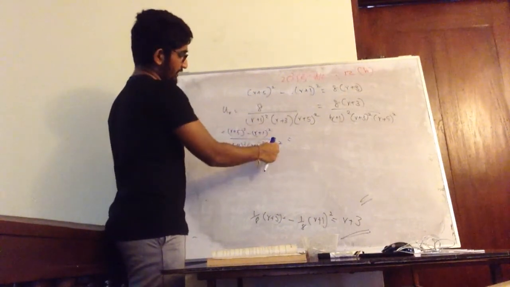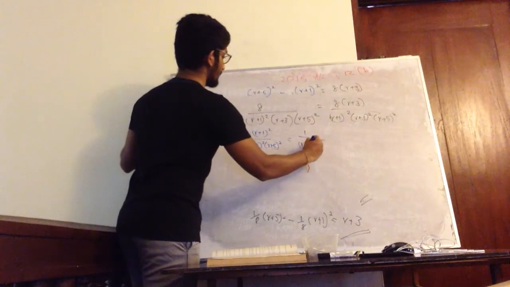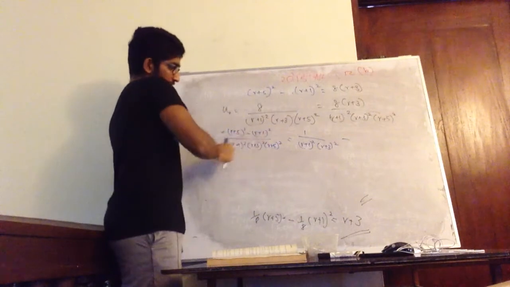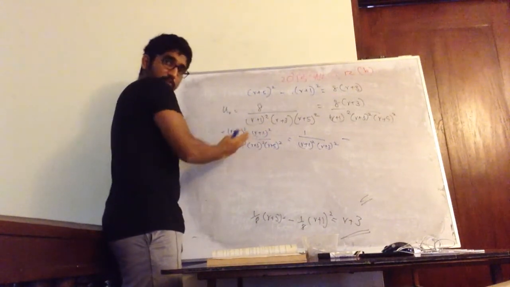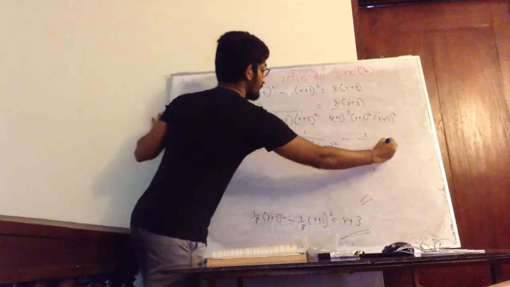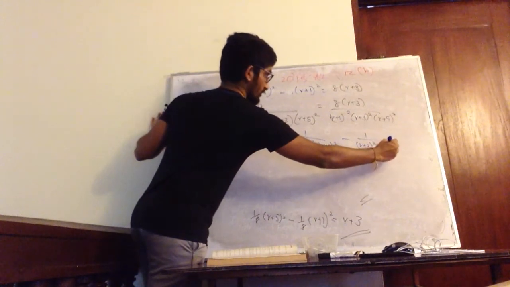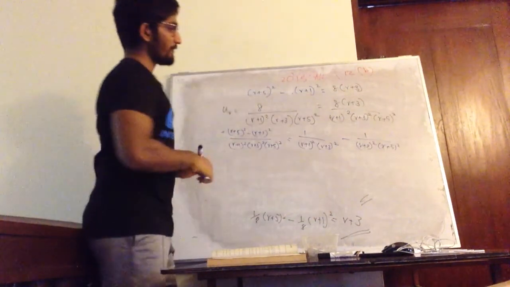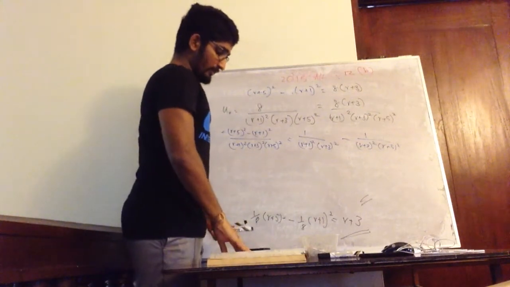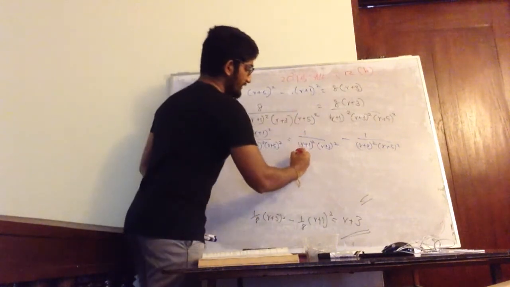Then I'm going to expand this. These two will get cancelled off for the first thing, and what remains is (r + 1)², (r + 3)². Then I'm going to segregate this as well. These two will get cancelled off, so the remaining will be (r + 3)², (r + 1). I am going to take this as f(r).